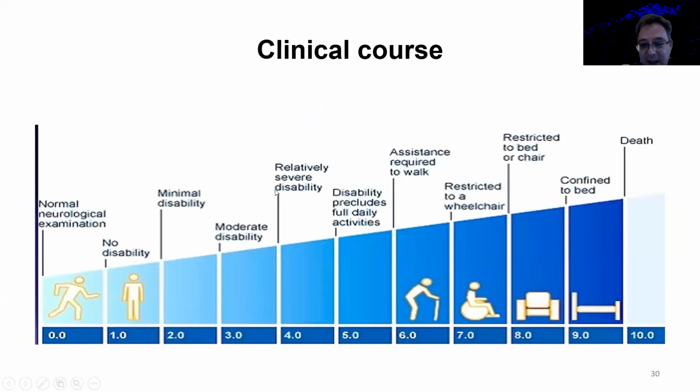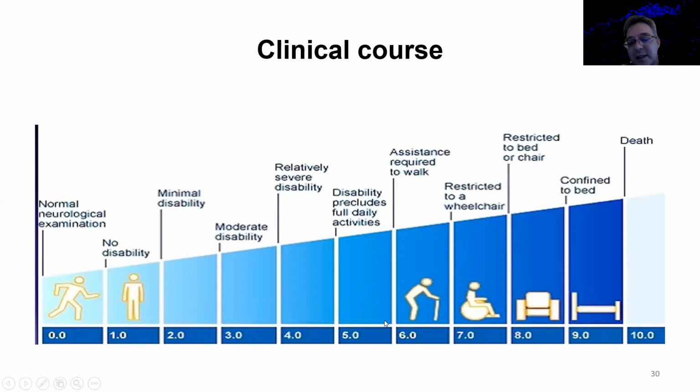And so the patient inevitably, over many, many years, escalates in their disability status, where the clinicians use what's known as an expanded disability score system, and shows that there is no disability at the start at a score of 1, and minimal disability at 2.